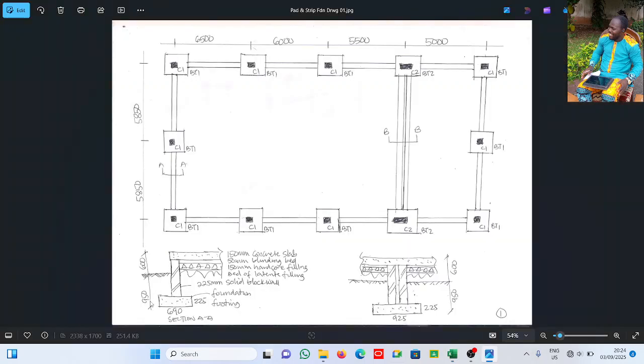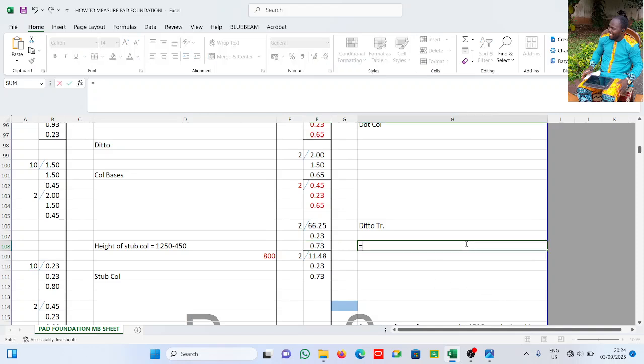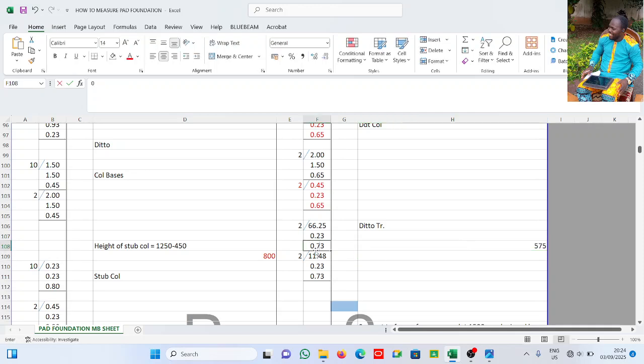This is 950 minus 225 minus topsoil. Let me do it here. Let me be sure of this. So this is 950 minus 225 minus 150. That's 0.58. All right, so this is basically what we have.